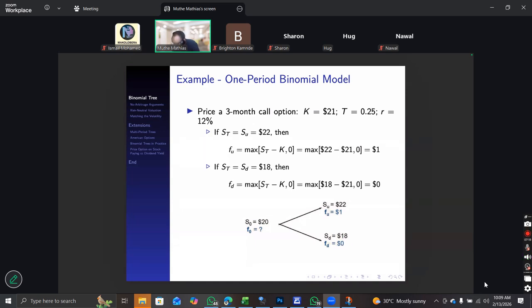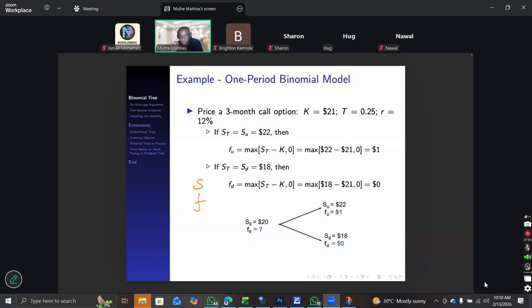The first one is S for stock prices, and also I'm going to use F to denote the value of the derivative. The value in this case just means the payoff. Just ignore the cost, just focus on the payoff. So F will denote the payoff.